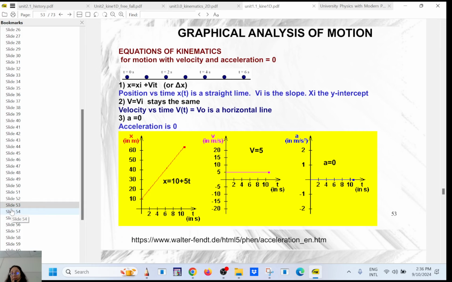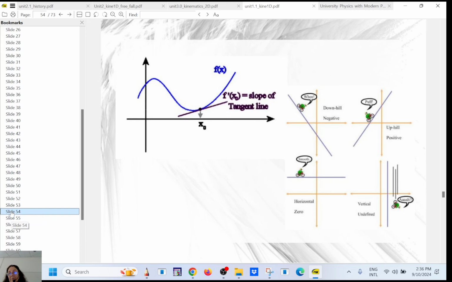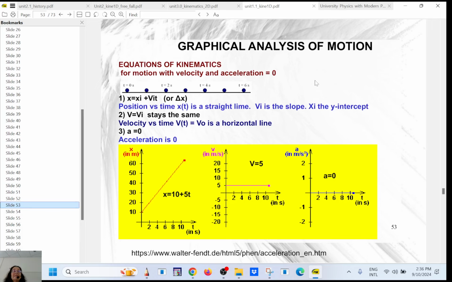So anyway, let's go back a little bit. Do graphing analysis. So, for example, in this case, what is the acceleration? 0. So if it is 0, that means the velocity stays the same. Example, velocity equals 5.